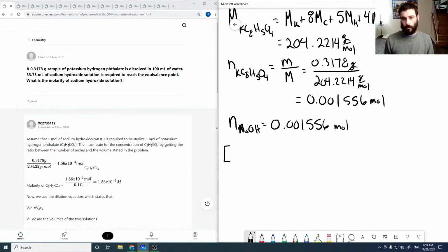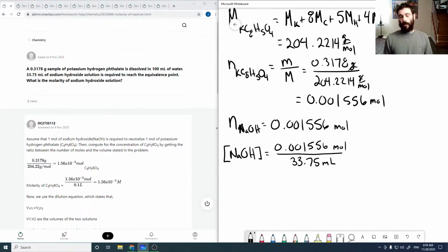So then the concentration of NaOH is just this molar amount over the volume. And molarity is in moles per liter, so we want to multiply by 1,000 mils per 1 liter so that the mils cancel and we get moles per liter.